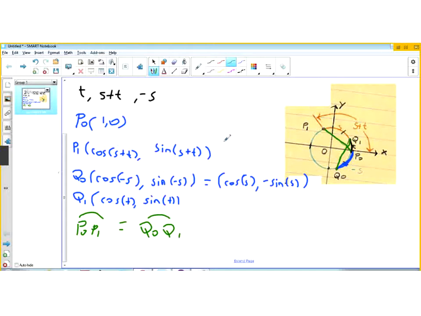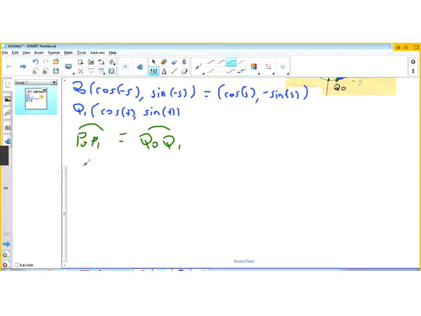So the distance from P1 to P naught, what is that distance? Remember the distance formula?